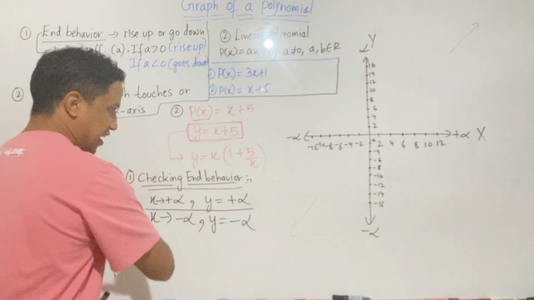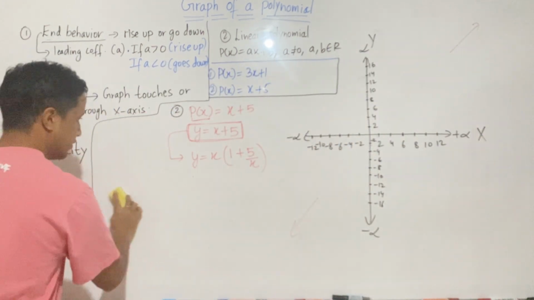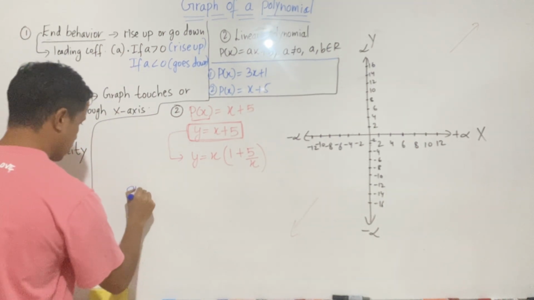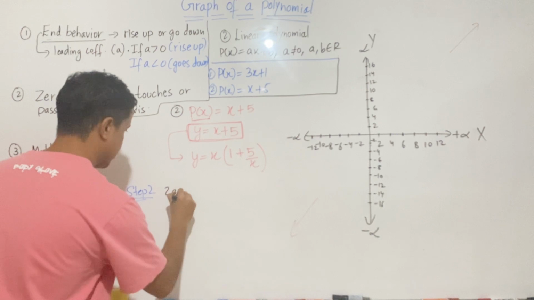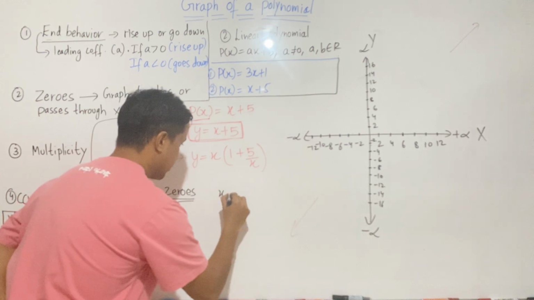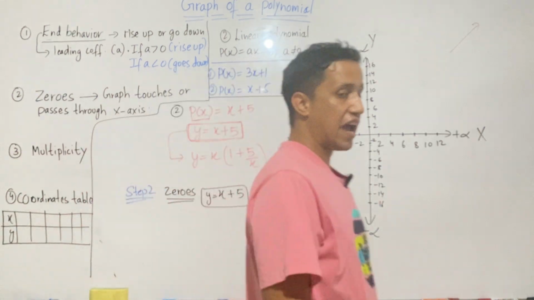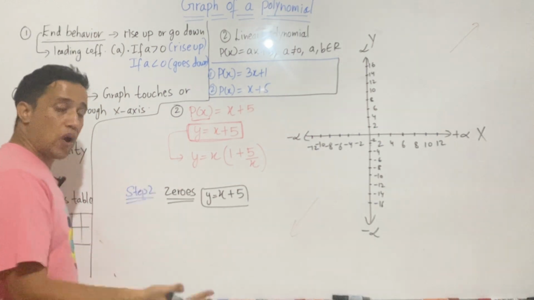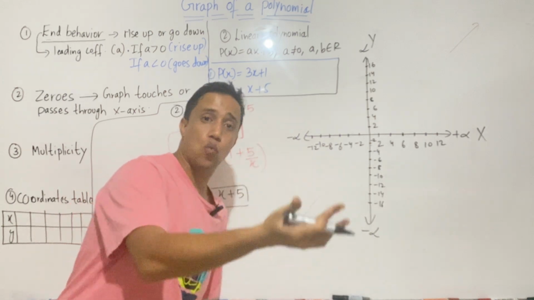Now the end behavior is done. Now we know the end behavior, then we go to the next step. The next step is step 2. Step 2 means zeros. We have to find zeros. Now this is a linear expression, y equal to x plus 5. If I have to find the zero of this polynomial function, what do I have to do? Zero means the value of x for which p(x) or y becomes zero.